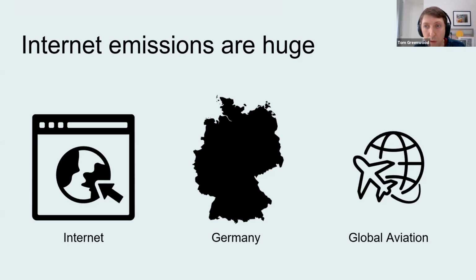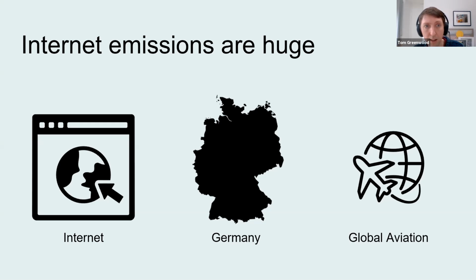So we often think about the aviation industry as being the bad boy of climate change. But actually, lots of industries have a surprisingly big impact, and the digital sector is one that is very much flying under the radar.